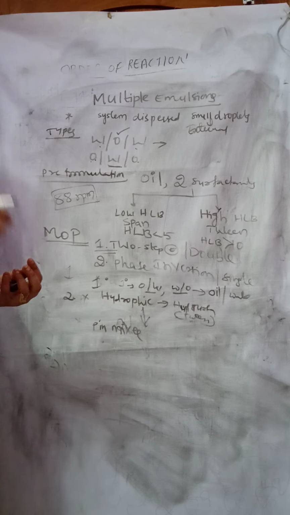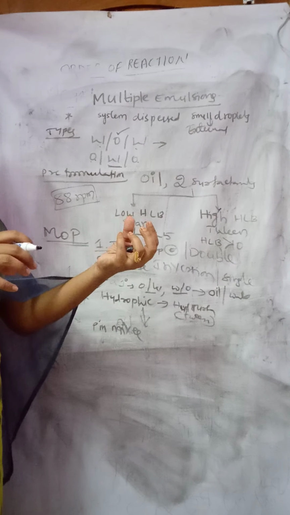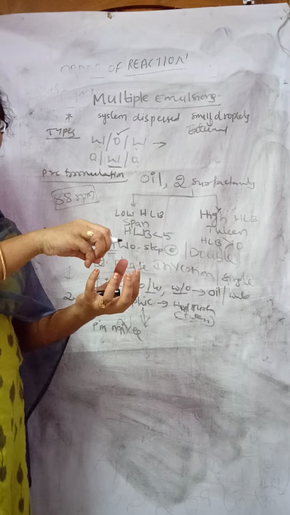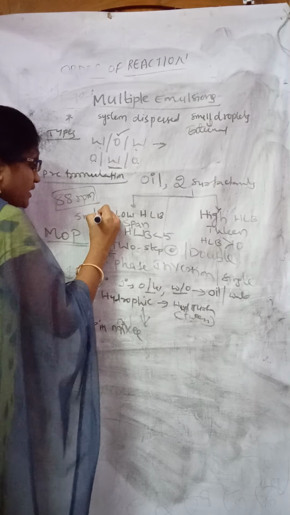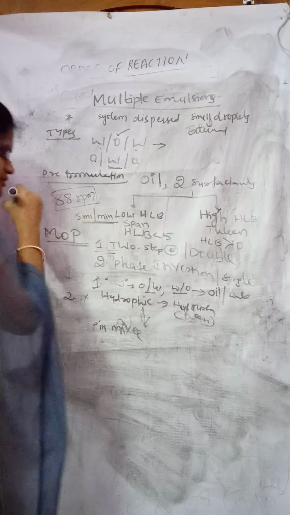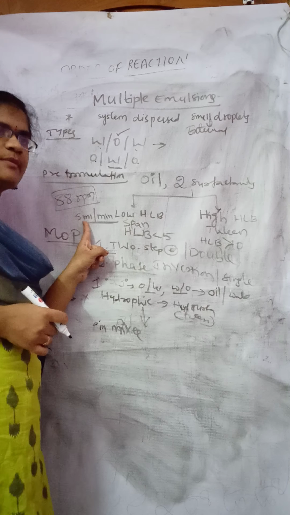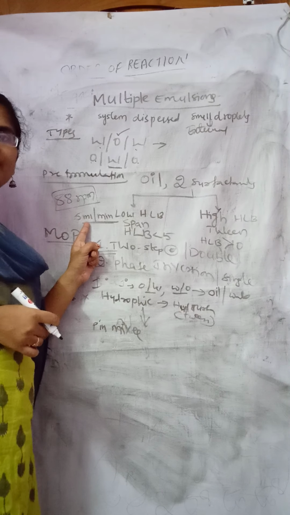You add the hydrophilic surfactant into the oil phase at the rate of 5 ml per minute. You should maintain this speed, otherwise there may be formation of aggregates, so you have to maintain the optimum speed of 5 ml per minute.